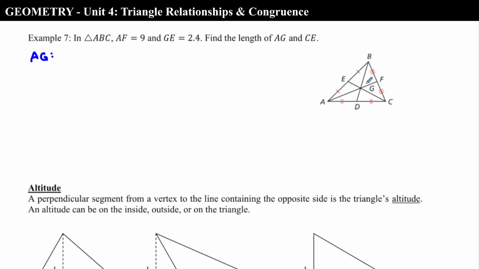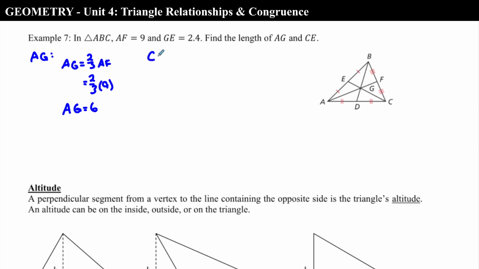Well, AG is 2/3 of the length of AF. So AG is going to be 2/3 of AF, but AF is 9, so 2/3 of 9 is going to be 6. So AG equals 6. That's all you got to do.